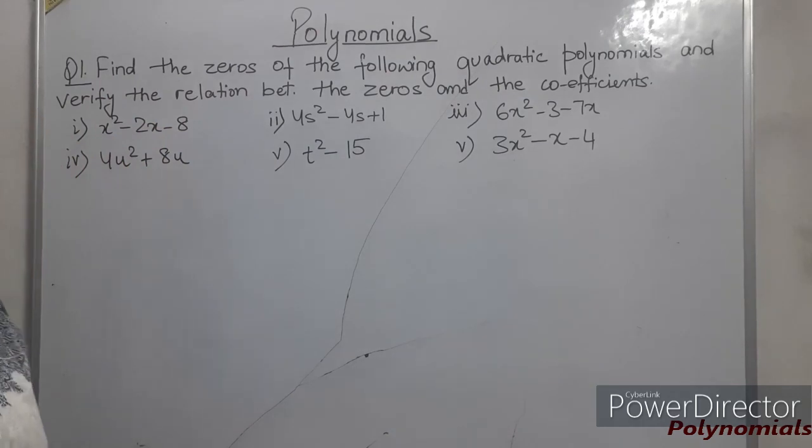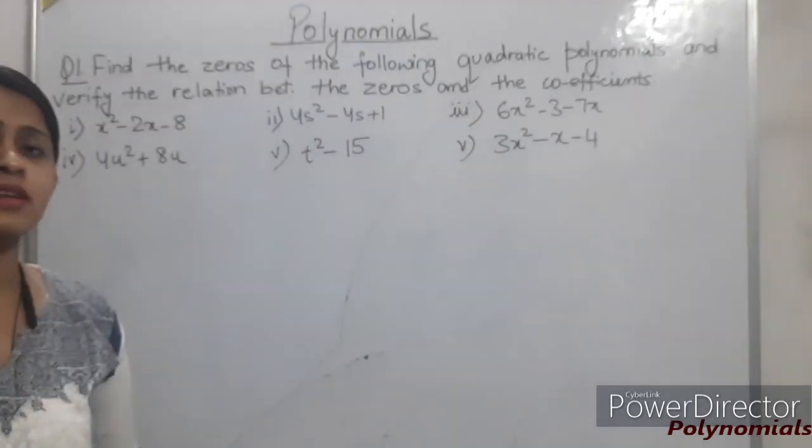The first question in exercise 2.2 is: find the zeros of the quadratic polynomials and verify the relation between the zeros and the coefficients.